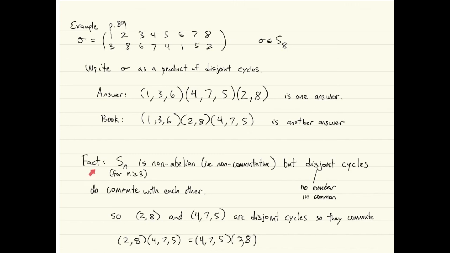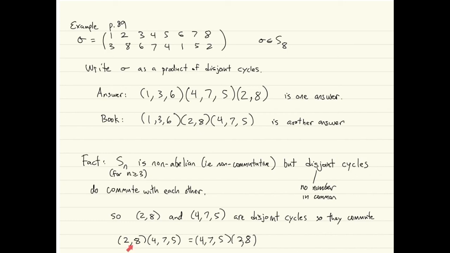This is the fact that I've mentioned: even though Sn is non-abelian, in other words not commutative, disjoint cycles, again meaning having no number in common, do commute with each other. For example, 2, 8 and 4, 7, 5 are disjoint cycles because there's no number in common.